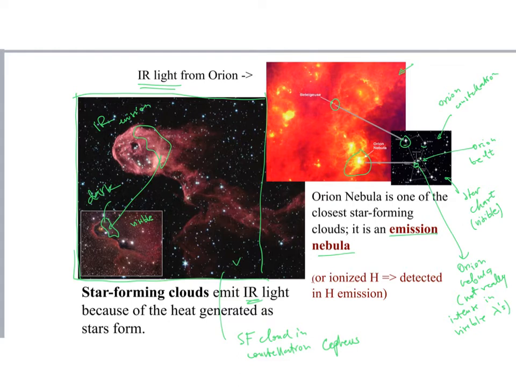And because nothing in this universe tends to stay for long in an excited state, it's going to de-excite and emit one specific wavelength, which is what we see in the emission nebulae.